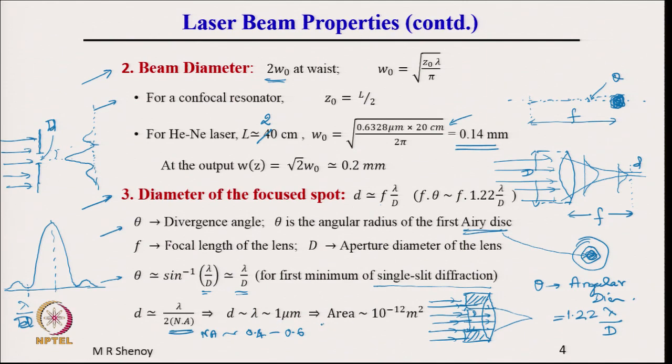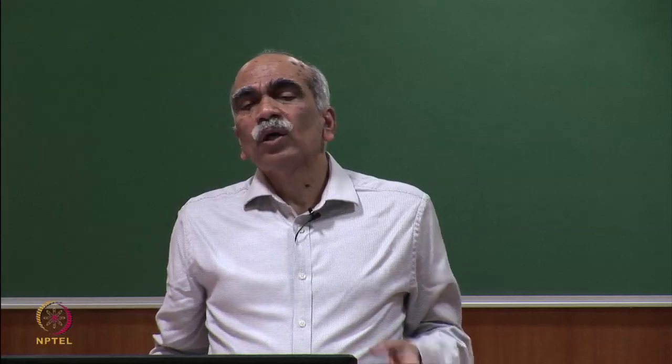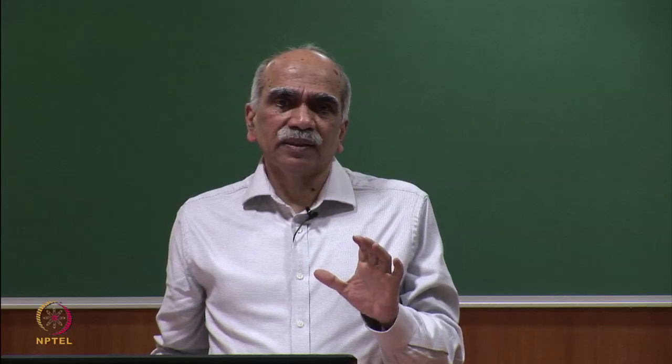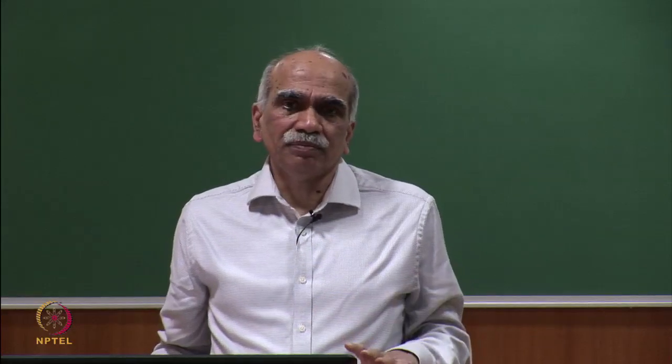Therefore, the area of the focused spot is of the order of 10 power minus 12 meter square. This is an order of magnitude calculation, just to give an idea of the size of the spot at the focus of a lens if you focus a laser beam. All right.